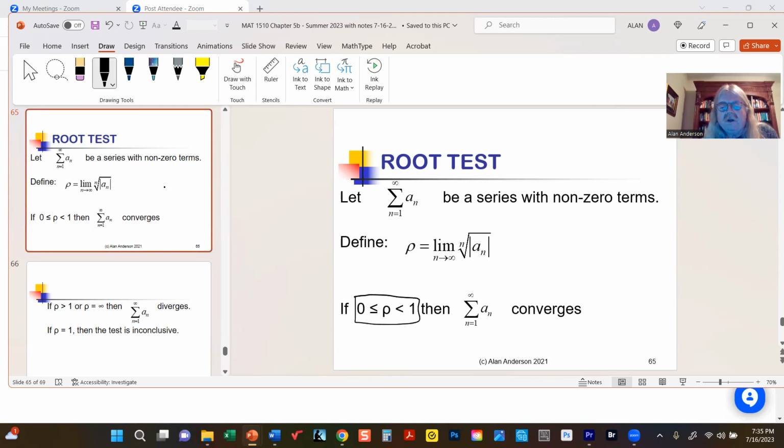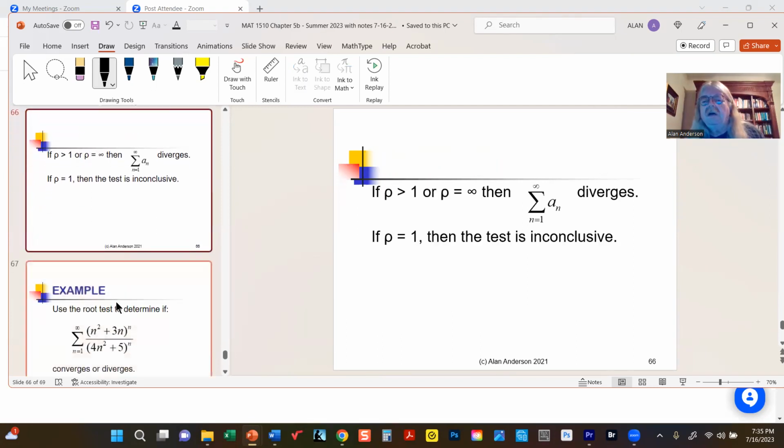If we have a rho between 0 and 1, not including the 1, then the series converges. Otherwise, and this is the same too, if rho is strictly greater than 1 or rho is equal to infinity, then the series diverges. If rho equals 1, the test is inconclusive. So in that respect, the decision rule is exactly the same.